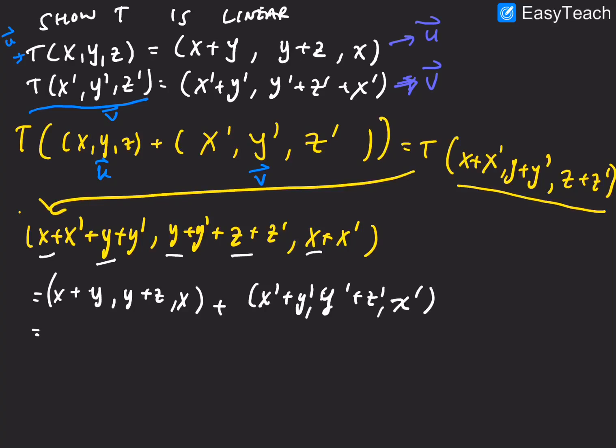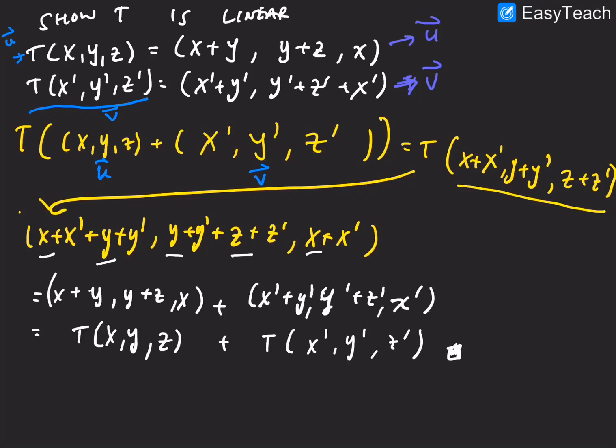So that is essentially the same thing as we have initially, plus t of x prime, y prime, z prime. So it's the same thing, right?